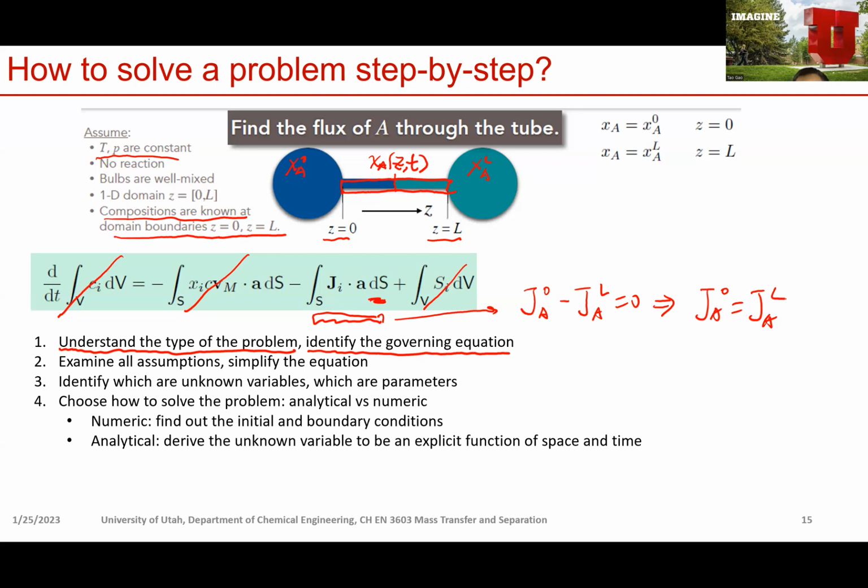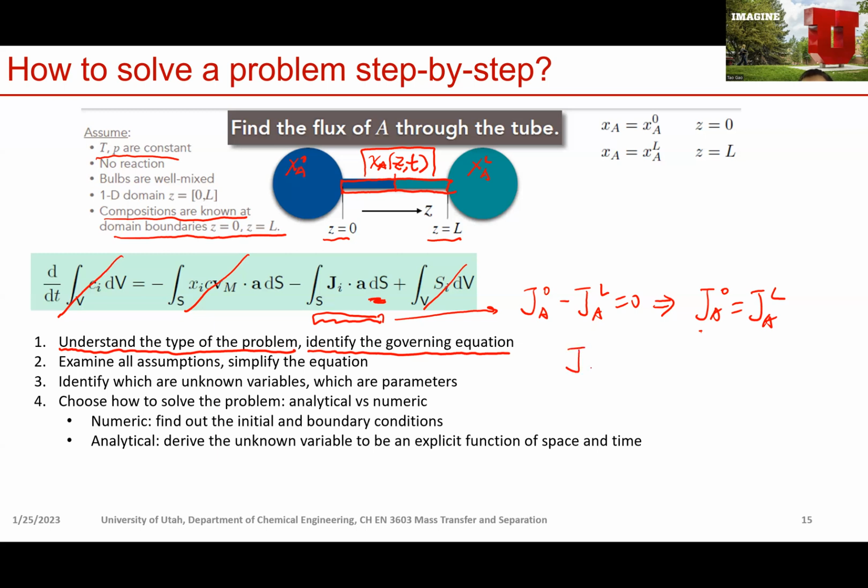With that, we still need to find a way to link the diffusive flux with the mole fraction, because that's something we want to solve, right? We need to know the mole fraction of A throughout the tube. This is when you can apply Fick's law. Fick's law basically relates the diffusive flux of species A with the gradient of its mole fraction.